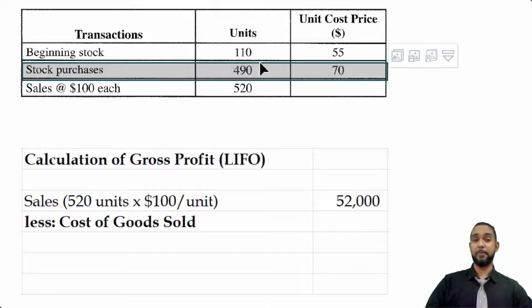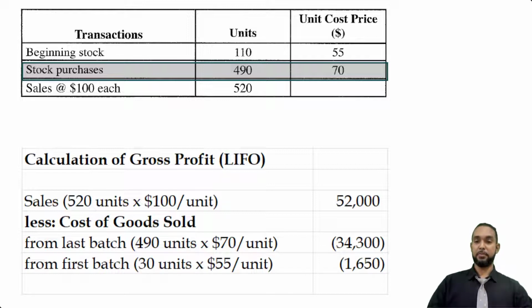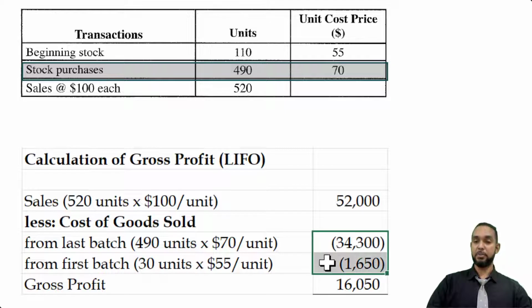We have 30 left, which means that 30 is going to be pulled from this batch of stock, sorry. So we're going to have 2 batches of stock making up cost of goods sold, 490 at 70 and 30 at 55. Right, so I'm going to show that here, 490 at 70, 30 at 55. And the gross profit is $16,050. If you add up these two and subtract it from 52,000, you're going to get your gross profit of $16,050.